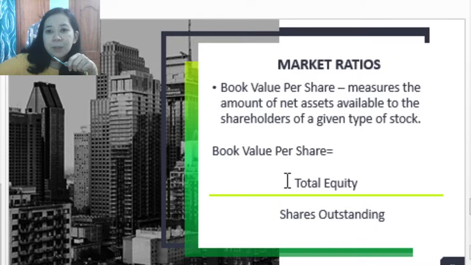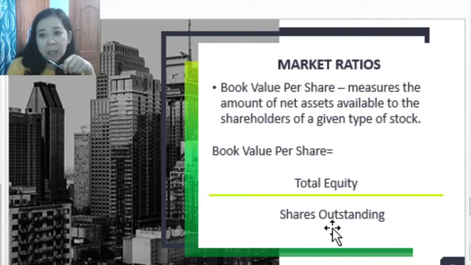For the book value per share, our formula is total equity divided by shares outstanding. When we say shares outstanding, we deduct the treasury shares. If you could still remember from your partnership incorporation, treasury shares are shares that are repurchased by the company.